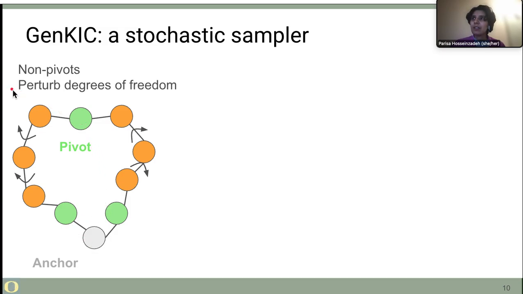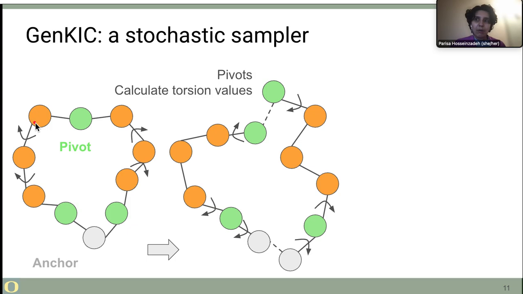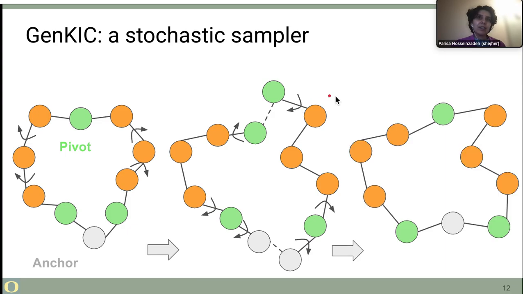At the first step, they perturb the degrees of freedom of all these orange ones. What happens at the second step is that for the green ones that are pivots, the degrees of freedom become calculated, and then they finally find this structure. Sometimes this calculation results in no answer, so that's why it's called stochastic.